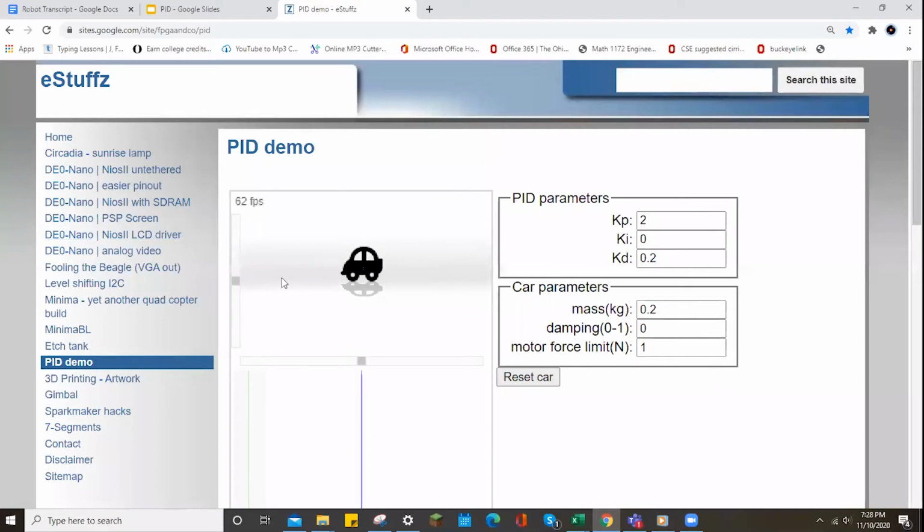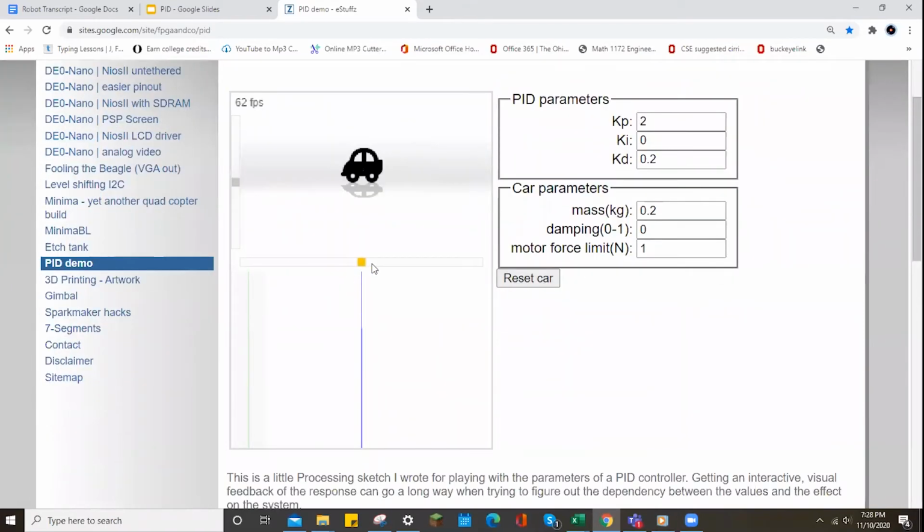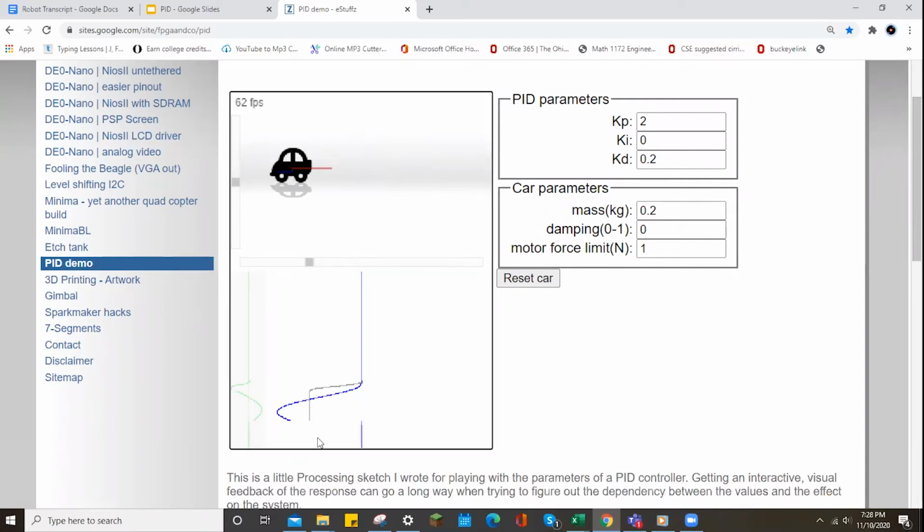Just explaining this demo, we have the slider, which is position. The blue line is the actual position where it is right now. The gray line is the intended position. This is like an incline, which we'll get to later.